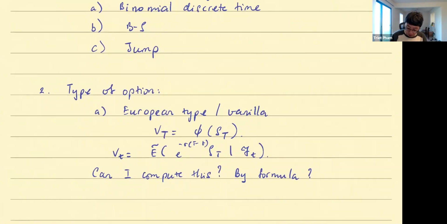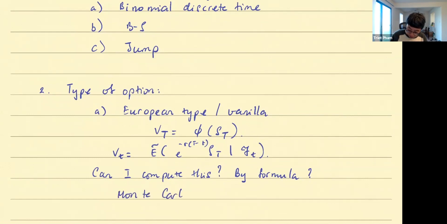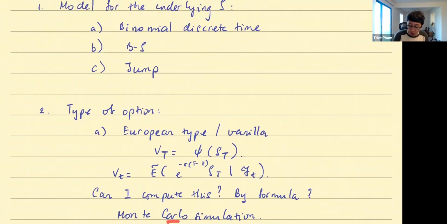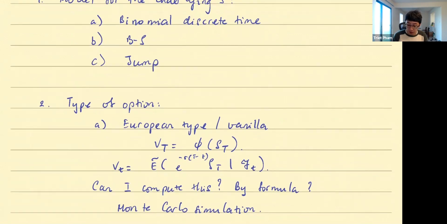We also mentioned another approach called Monte Carlo, which doesn't really care about what type of option you have. The method is always the same. Monte Carlo has more to do with what model you use. If you use different models, you have to think of how to simulate the path, the behavior of that model. But once you have the path of those models, you just plug into the option, and the expectation is just the average over the different paths.